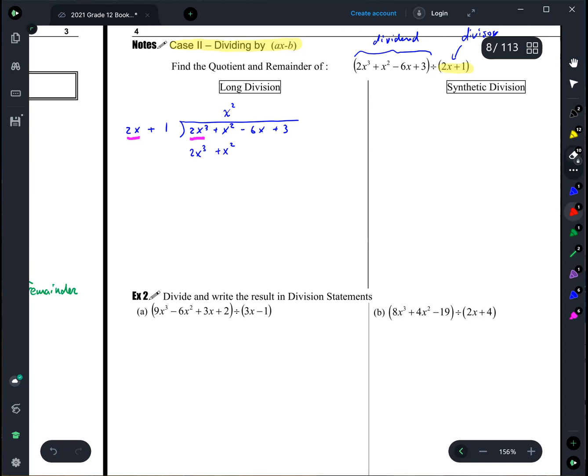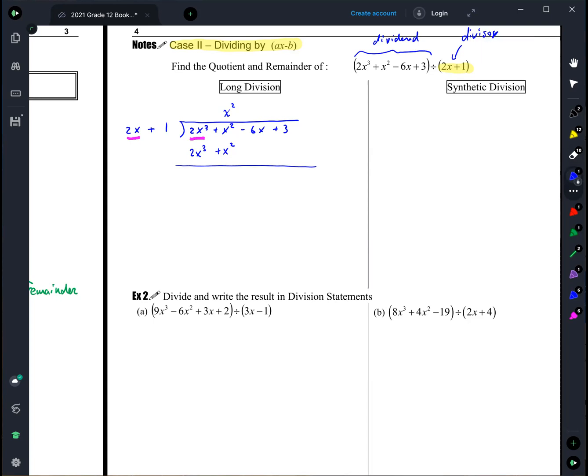Now we draw the line like before, and then subtract. Subtract the first two terms, they cancel each other out. The other ones just drop down. You get negative 6x plus 3.